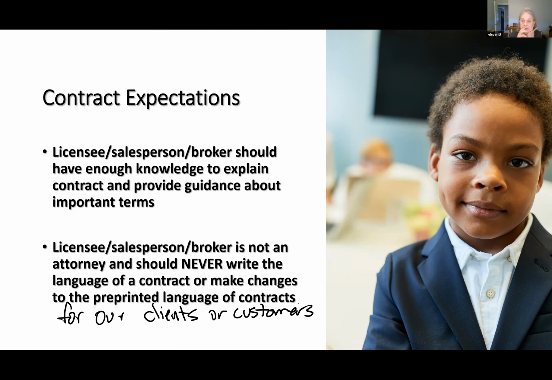Yes. So what if you got a test question that said Elizabeth is a listing agent and she's filling out the standard exclusive right to sell listing form from the North Carolina Association of Realtors, and she decides to cross out paragraph 12 and insert her own statement in place of that paragraph? Has she violated license law?